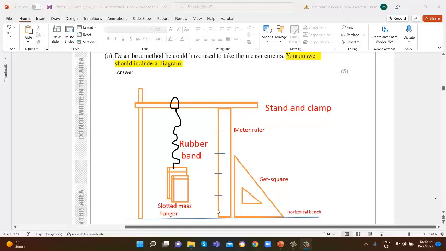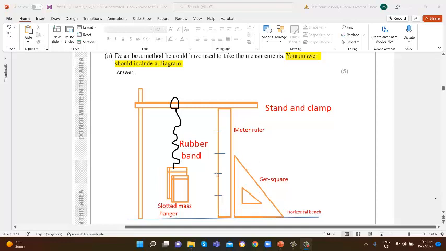It is attached to a horizontal bench over there. You have to fix everything on the bench, and there's a stand and clamp. So we have to have a set square to make the meter ruler vertical.